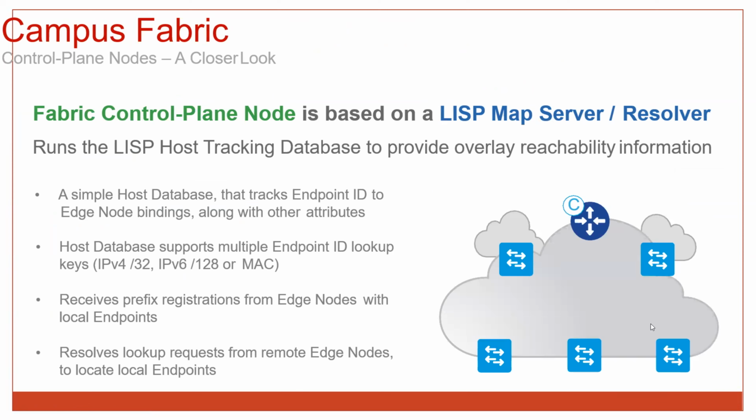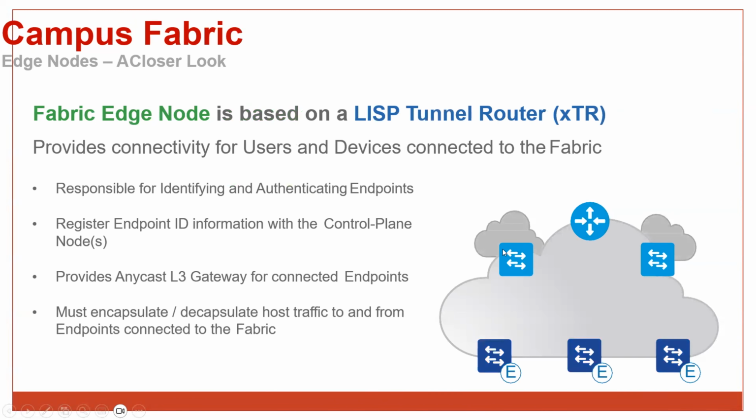Now again, these slides are very detailed. You can see the control plane. So what is the role of the control plane device? Then the edge nodes. This control plane is nothing but your LISP control plane. And then you will see these two clouds here. They are actually going outside, so you will find these are the border devices.